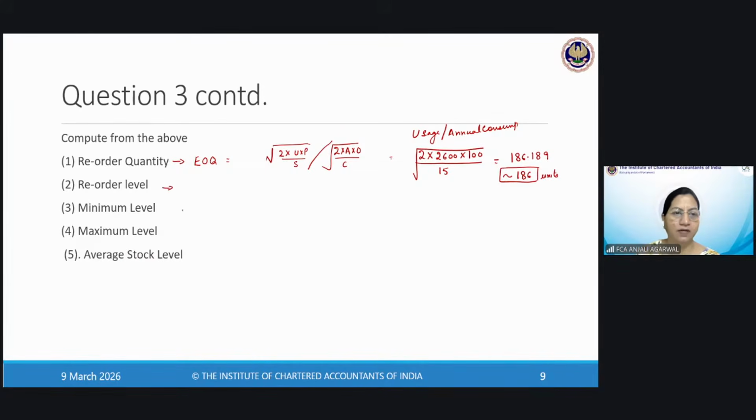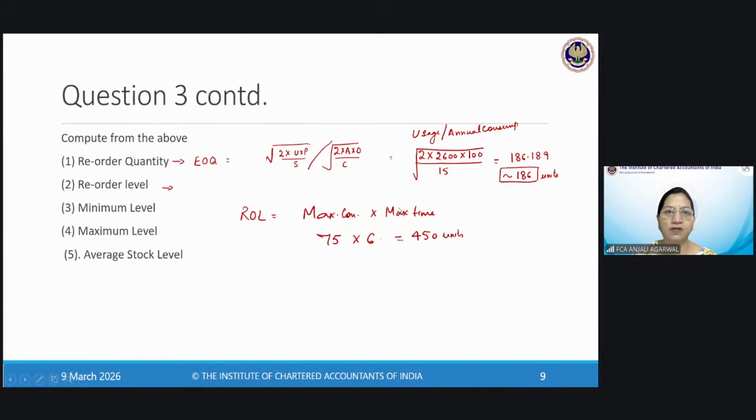What is the reorder level? So like I said, the formula for reorder level is maximum consumption into maximum time. So maximum consumption is 75 units per week and maximum time is 6 weeks. So 75 into 6, 450 units.